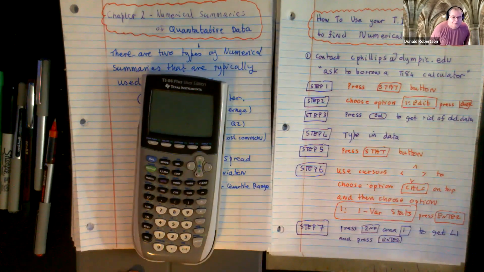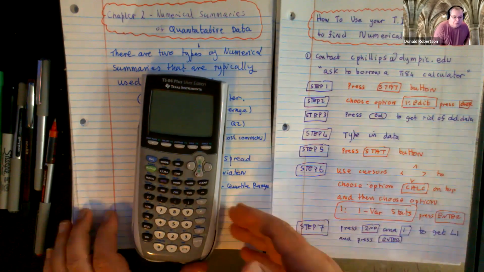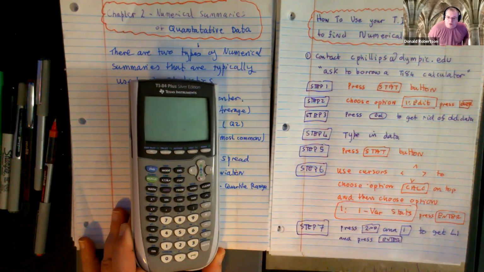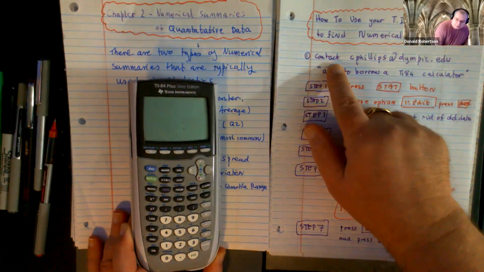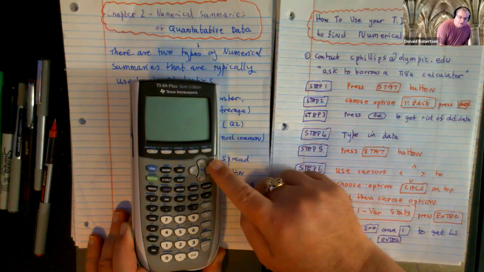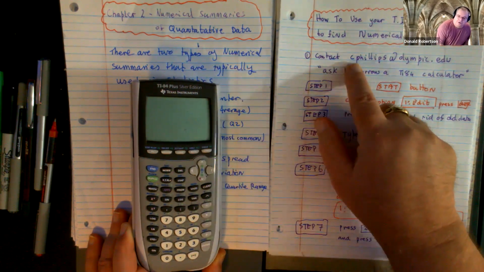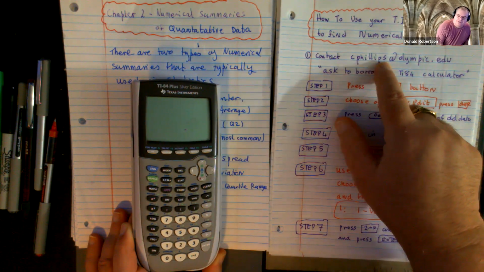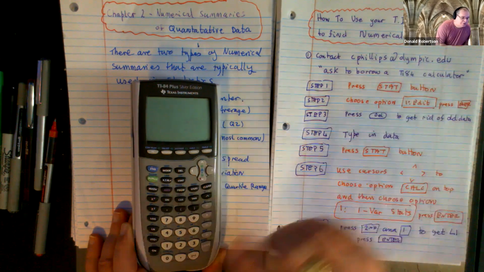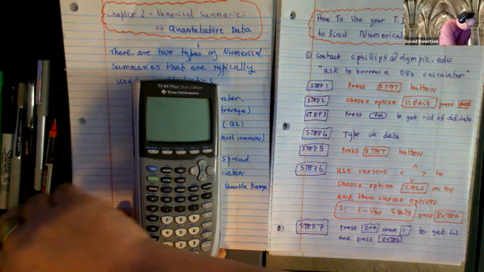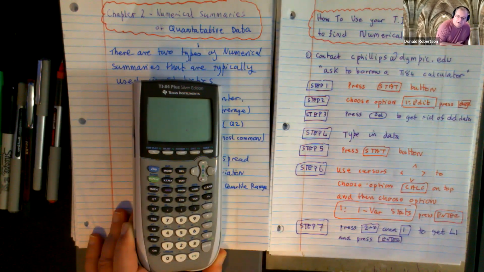So what I have here is our TI-84, and the person you need to contact if you want to get a loaner of one of these, because they're really helpful, is Cheryl Phillips, cphillips@olympic.edu. She's the admin person in MESH.